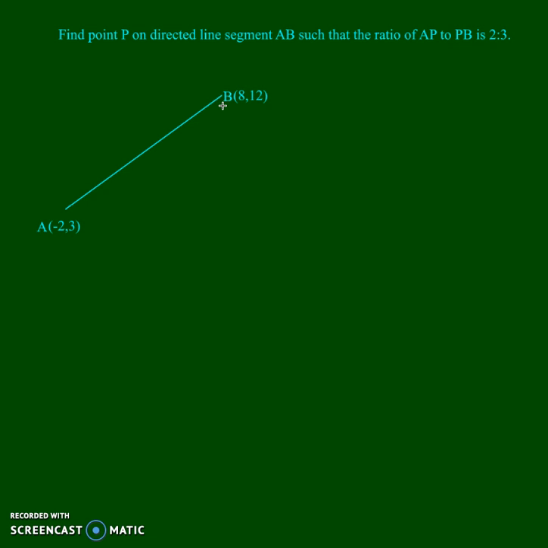Now, when we partitioned the number line segment, what we did was we divided it into a number of equal pieces. Well, in this case, we have a diagonal segment. So for the sake of ease of use, we're going to break this diagonal segment into a horizontal component and a vertical component. So let's bring those in.